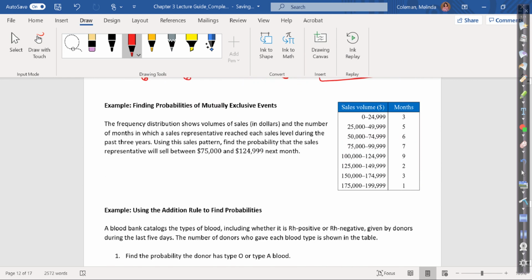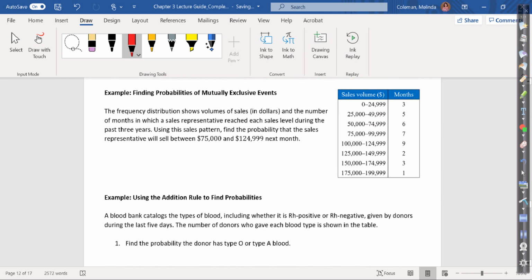All right, so another example. The frequency below, or to the right, shows the volume of sales in dollars and the number of months in which the sales rep reached that level in the past 3 years. Using the sales pattern, find the probability that the sales representative will sell between these two numbers. So it's the probability that they sell between 75 and 124.